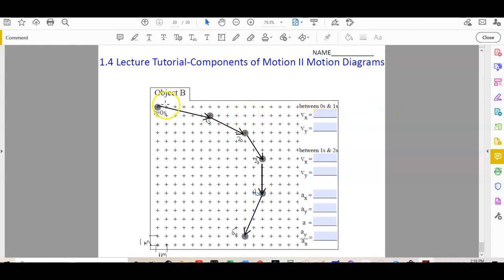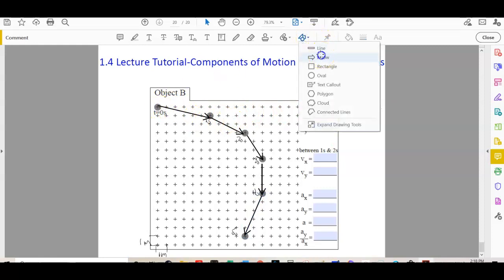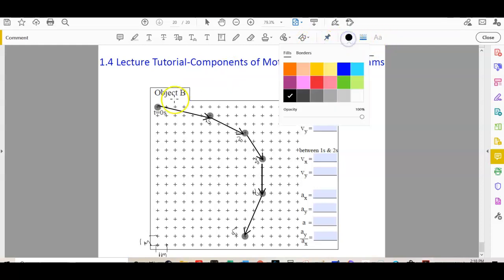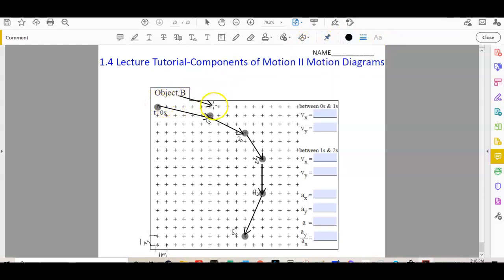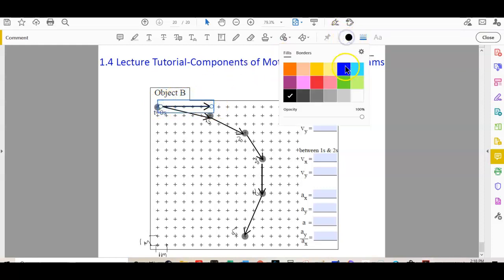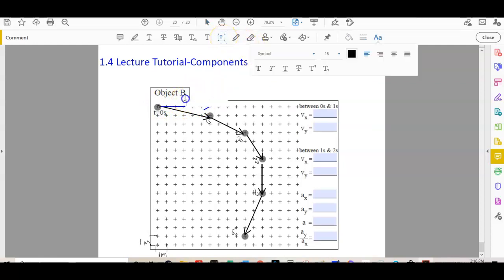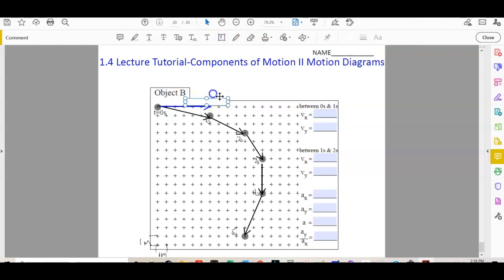Okay, so from 0 to 1 second, let me use blue for this. In the x direction, I'm using blue as the x direction. It looks like it's traveling to the right. It traveled a distance to the right.